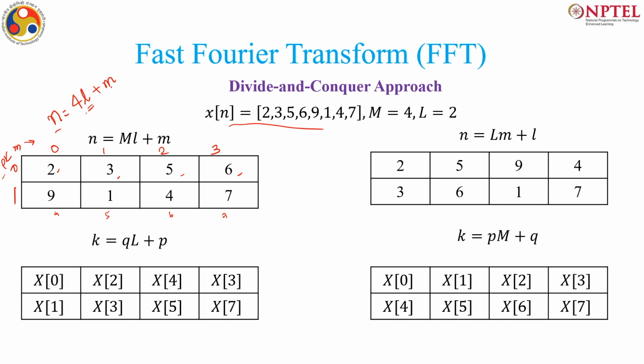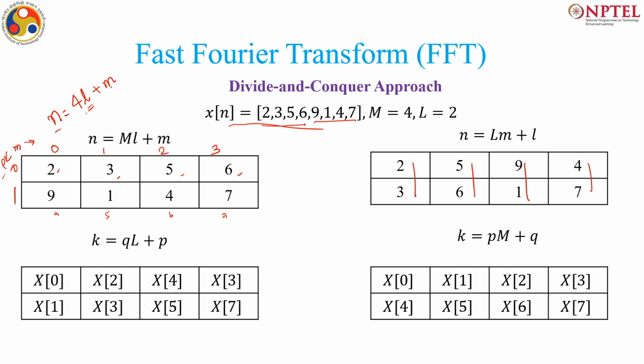So, you see what I am doing is I am technically arranging this x[n] row wise. First row is 2, 3, 5, 6 and the second row is 9, 1, 4, 7. Another way is I just do it column wise, like 2, 3, 5, 6, 9, 1, 4, 7.